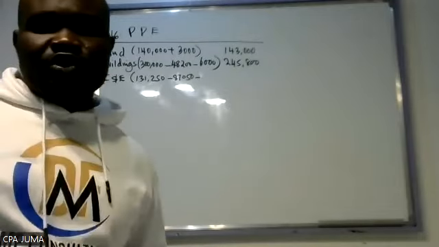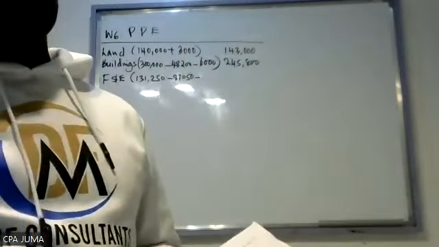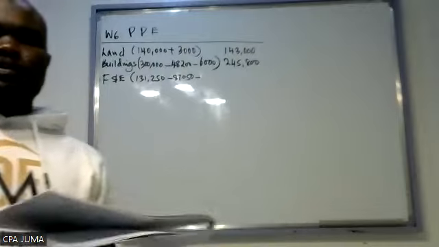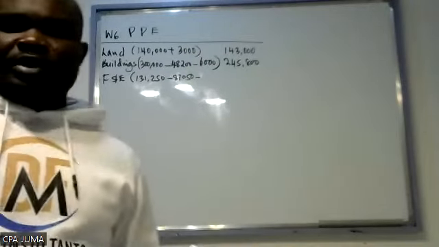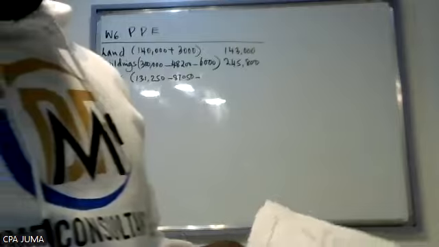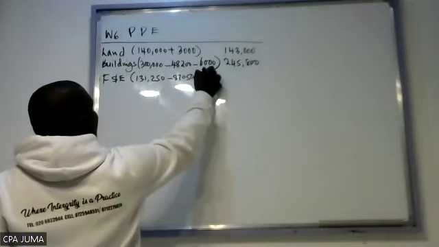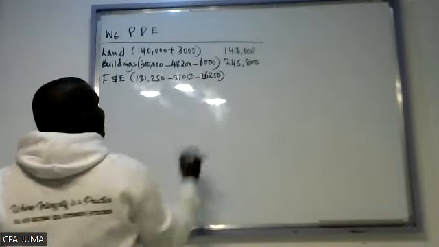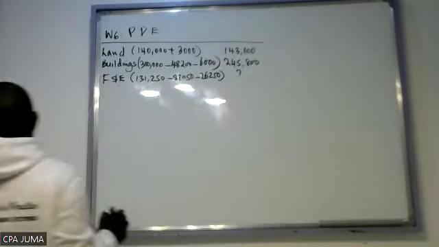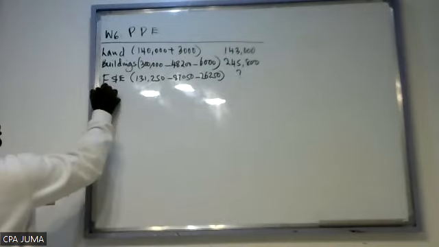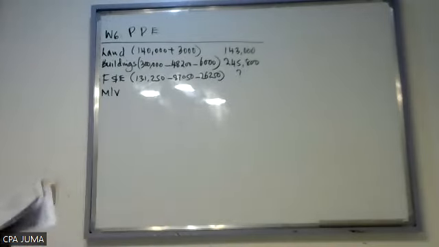Furniture depreciation came to? 26,250. So give me this one here. Then motor vehicles. Let us finish the first one first.